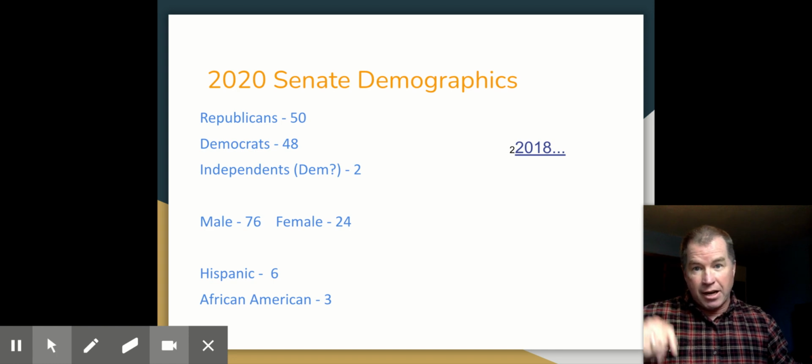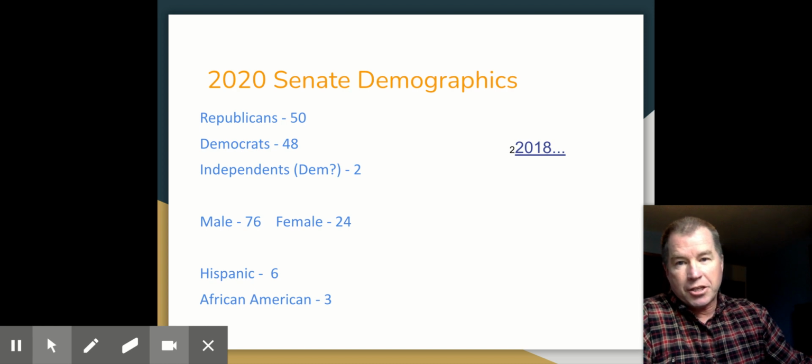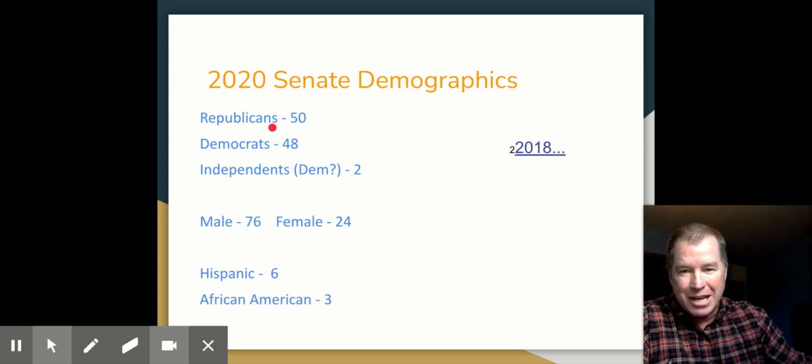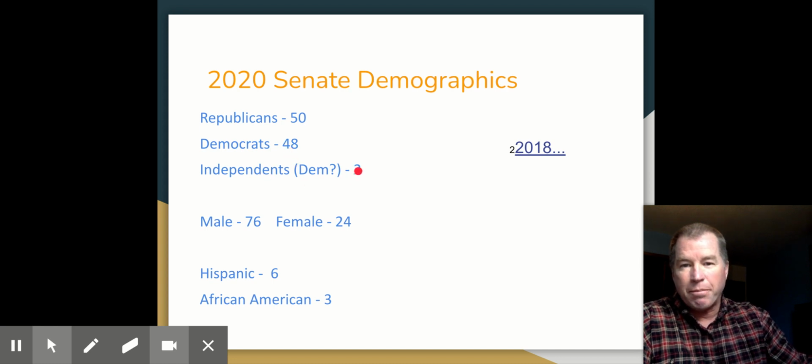My bad. The Senate is interesting right now. The 2020 Senate became really interesting because although it looks like the Republicans have the majority, they really don't. There are 48 official Democrats in the Senate, and there are 2 independents.